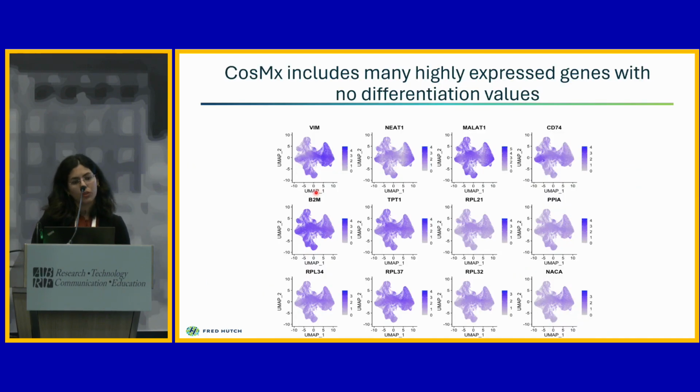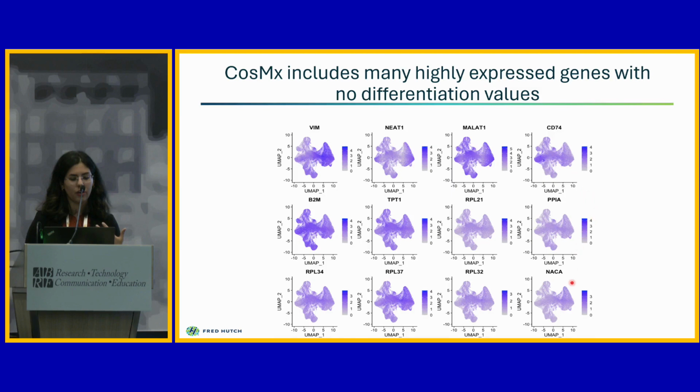Another thing that we noticed was in terms of the panel design. I have to mention that the panels are also developing; they are adding genes and removing some genes, so they are still developing. But at the time, what we saw was that in the panel that we used, Cosmics includes some genes that are highly expressed and do not have differentiation value.